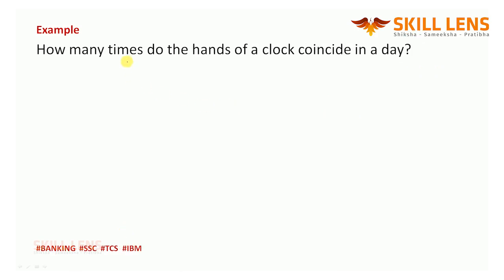How many times do the hands of a clock coincide in a day? In 12 hours, it's going to be 11 times. So in 24 hours, it's going to be 22 times. These types of questions are asked in SSC, TCS and IBM examinations.